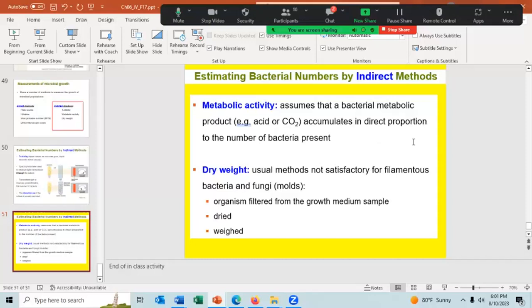Then you look at the chart and ask how many cells? Let's say it's 1,000,000 for 32. And that's your estimate. Somebody has to go through and make the chart, but once you have the chart made, it can be used for years. Any questions about metabolic activity?